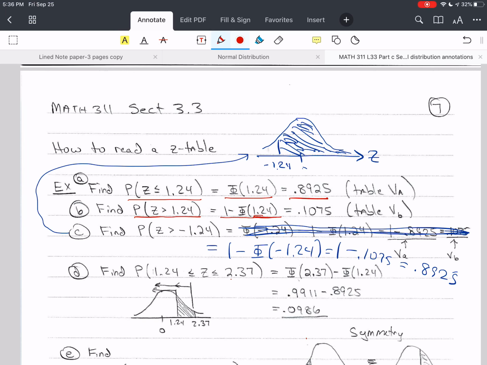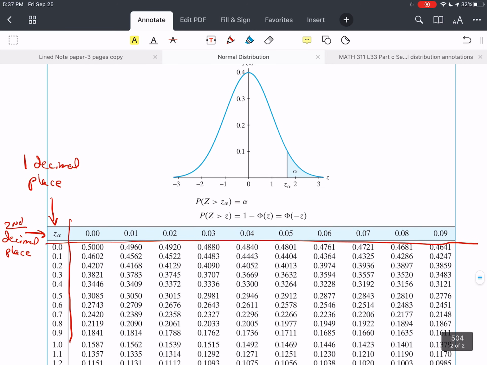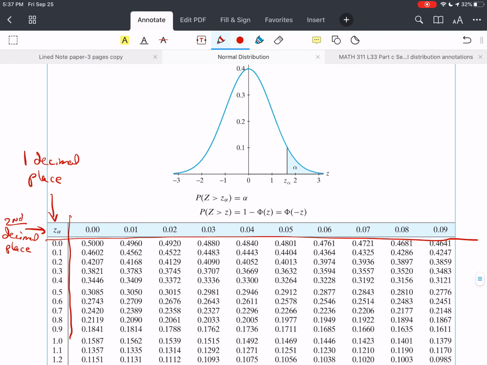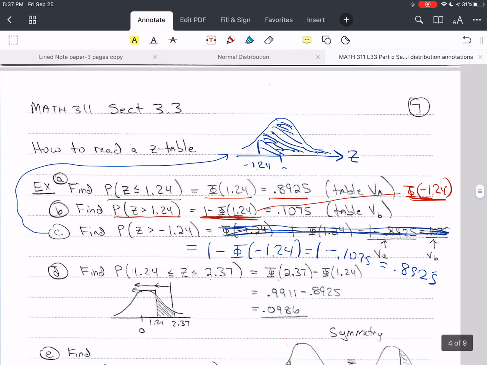This is also equal to phi of negative 1.24, and both of these are in table VB, the second one, which is down here. I look up 1.24 here, and that's this value here. See, I have 1 minus phi of z, which is phi of negative z. So I can read that directly from this table by knowing that symmetry.